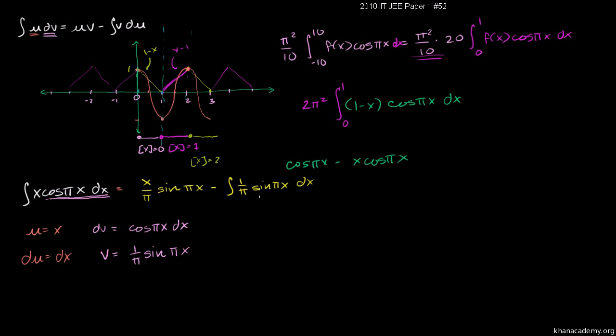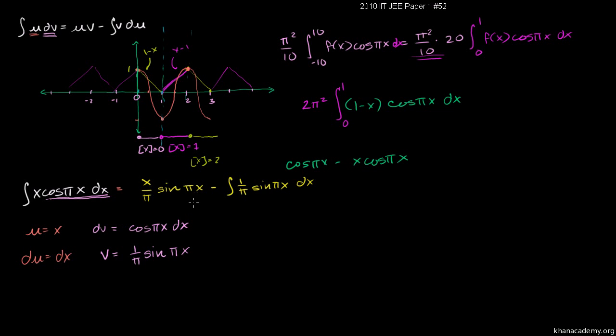And this is pretty straightforward. The antiderivative of sine of pi x is negative 1 over pi cosine of pi x. And you could take the derivative if you don't believe me. You could do u substitution, but hopefully you can start to do these in your head, especially if you're going to take the IIT joint entrance exam.